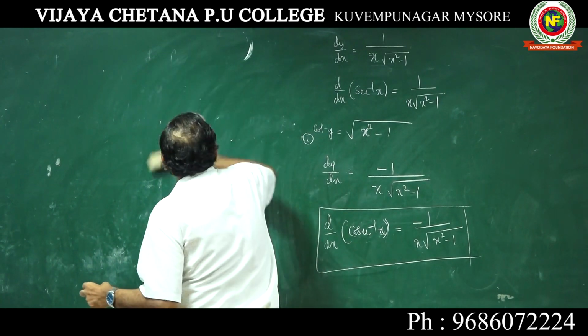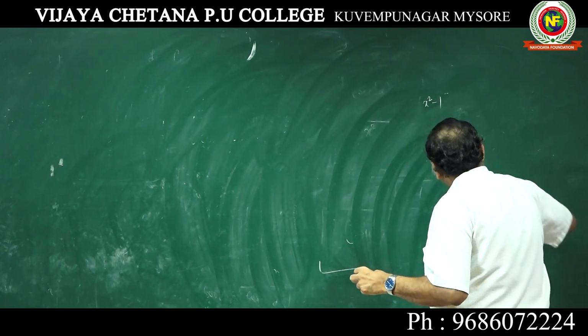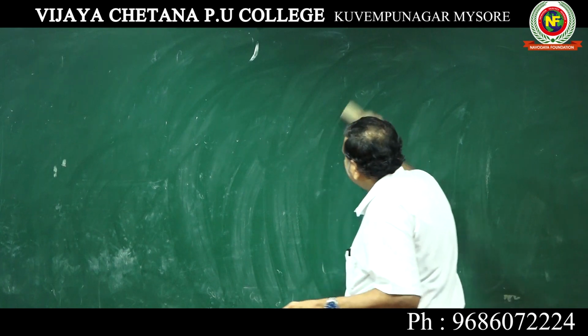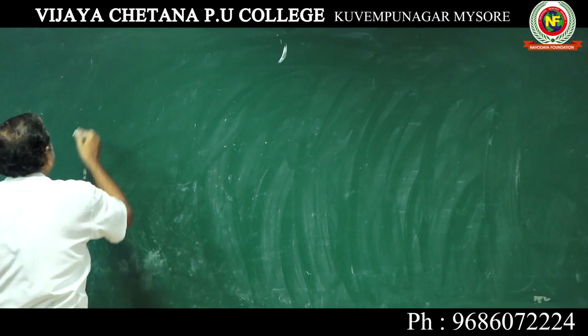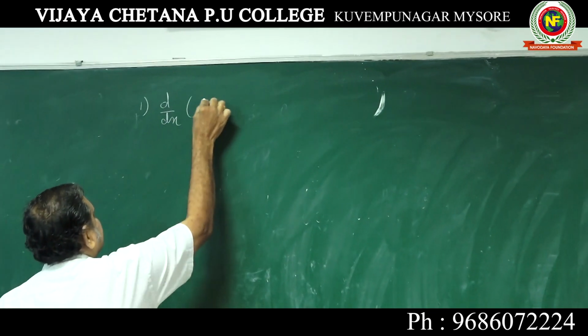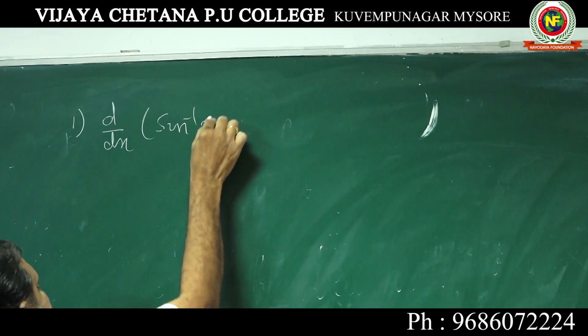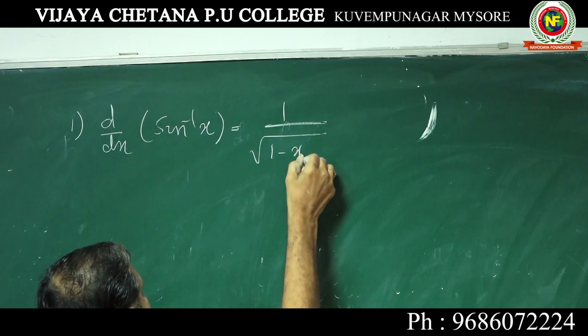First we shall write all the 6 together. The first one, d by dx of sin inverse x, what we have derived just now, is 1 over root of 1 minus x square.